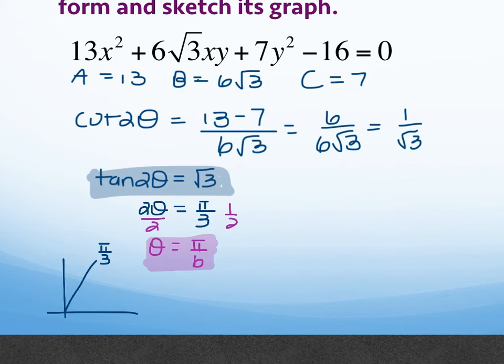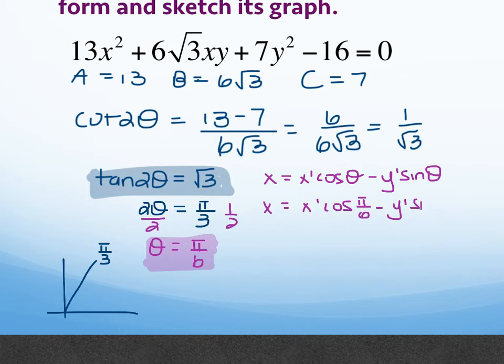Then it's just plugging in. So I'm going to give you x equals x prime cosine theta minus y prime sine theta, and you'll take that and plug it in. So x equals x prime cosine pi over 6 minus y prime sine pi over 6.